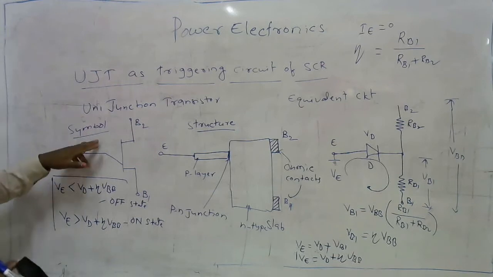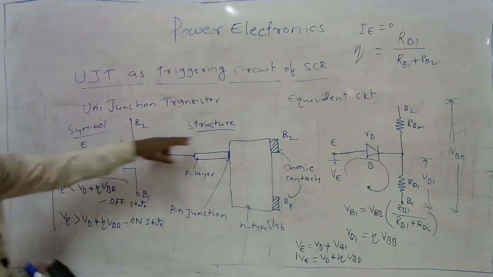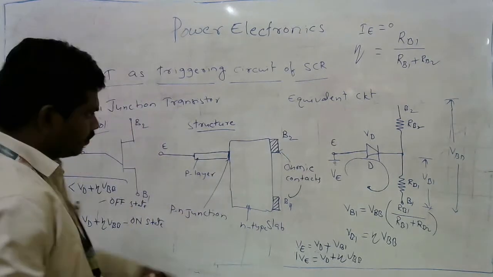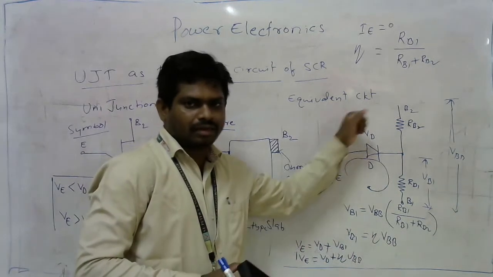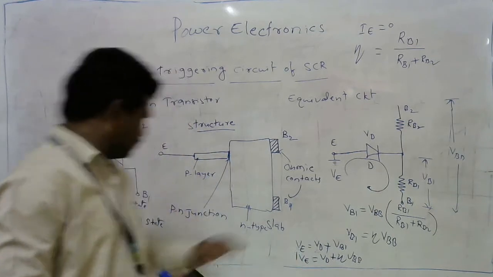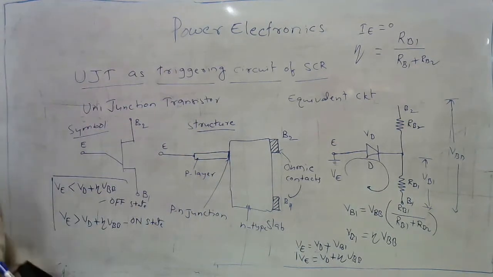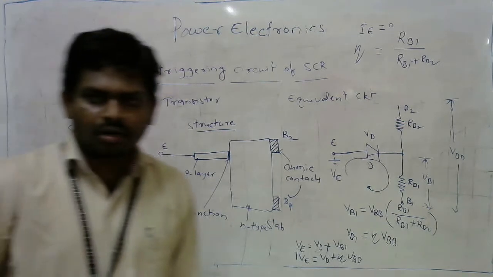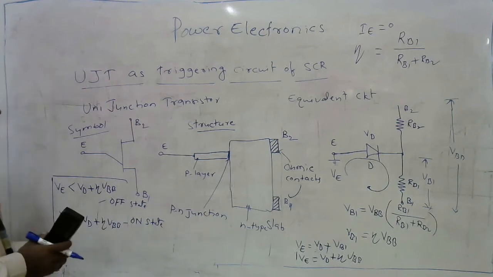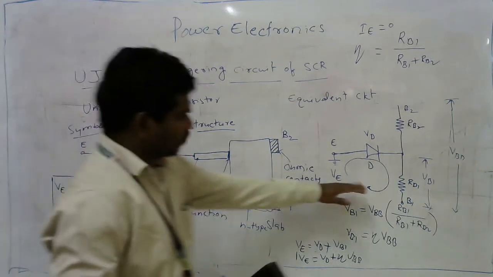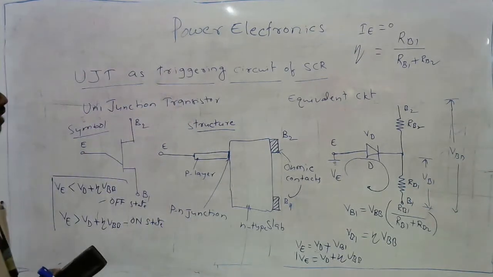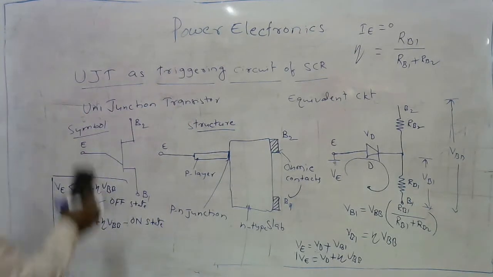So we need to know the symbol, structure and equivalent circuit. Thereafter, we apply KVL to the equivalent circuit and get one equation. That equation decides whether the UJT is in the on condition or off condition. We have to remember this, because we are going to use this type of circuit in the triggering circuits of SCR.